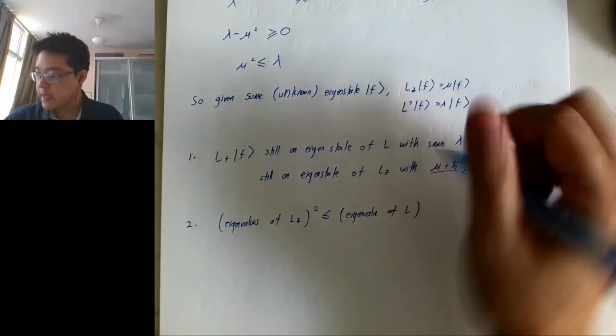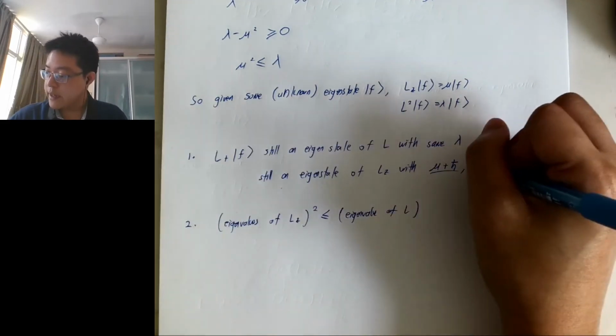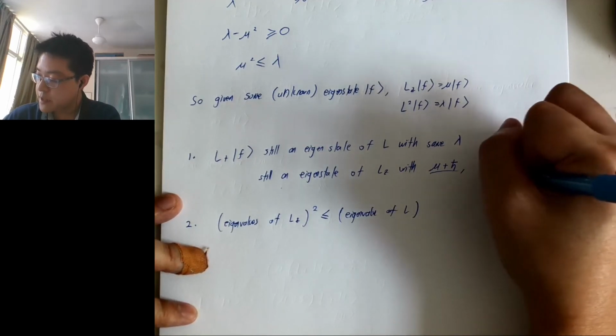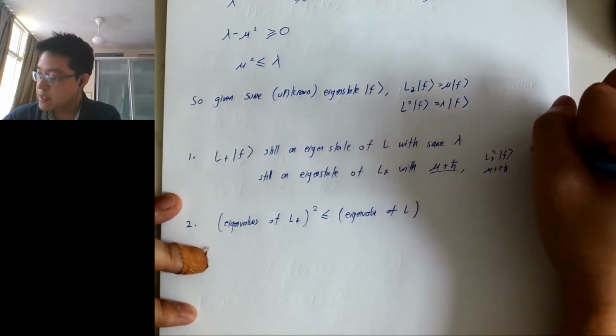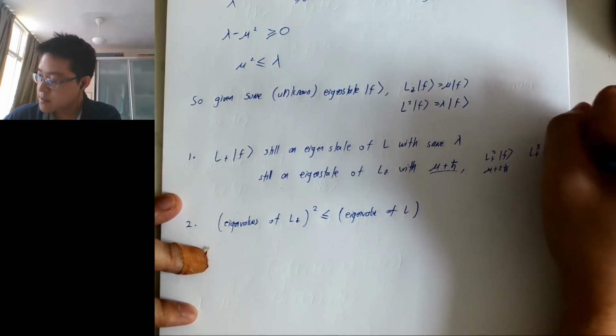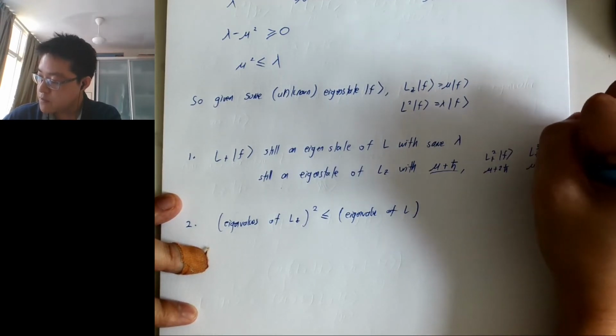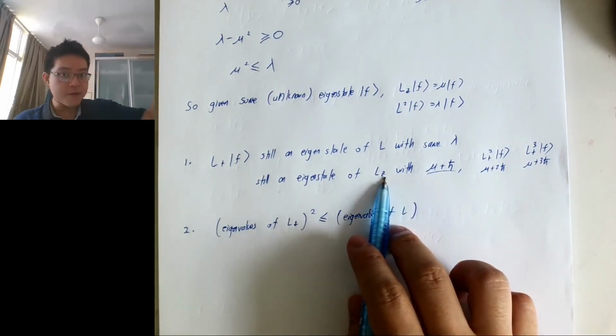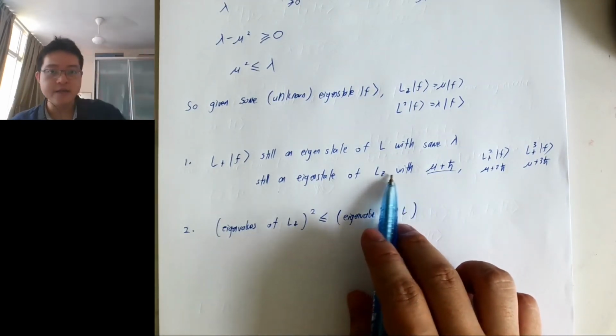So I can operate this again: if I apply L plus squared to this, it will give me mu plus 2h bar. If I operate this 3 times, this will give me mu plus 3h bar. If I operate this many times, I will get a new state with an eigenvalue that keeps increasing.